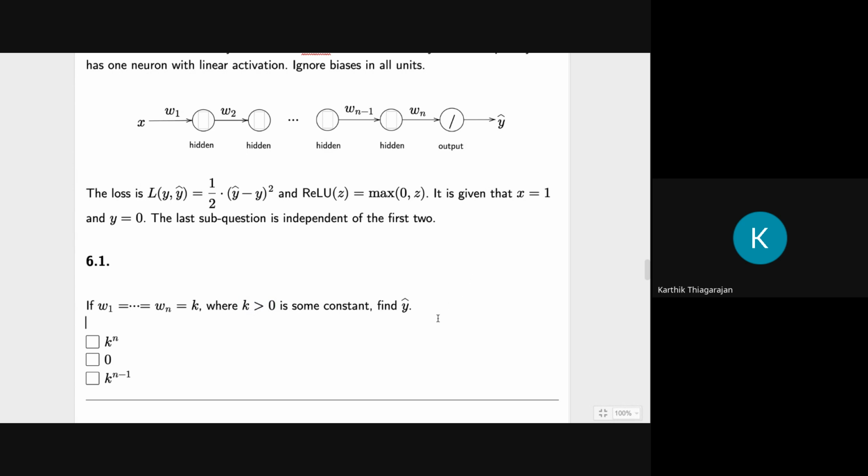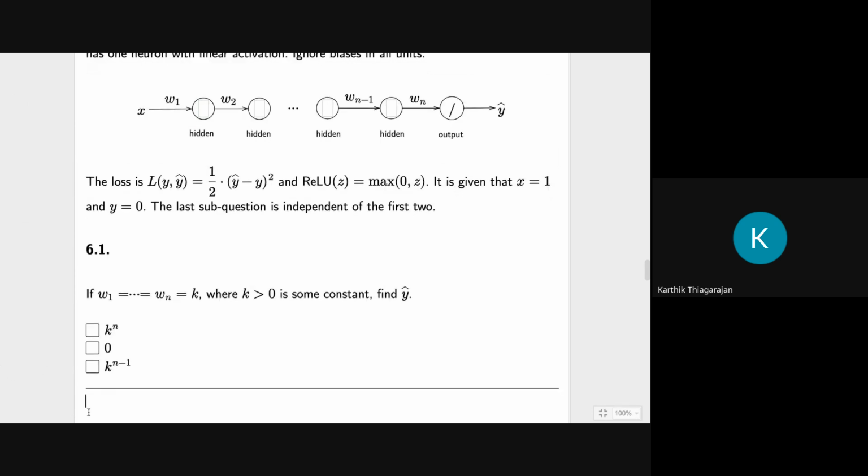If you take the same problem and k is less than 0, then the whole thing will become 0, starting right from the first neuron's activation. After that it's pointless because everything else is going to be 0. So k greater than 0 is a must. In fact, if k is equal to 0, will the answer still be correct or will it be wrong?